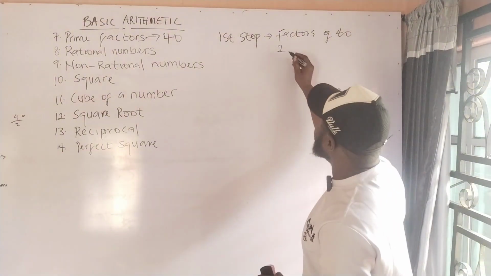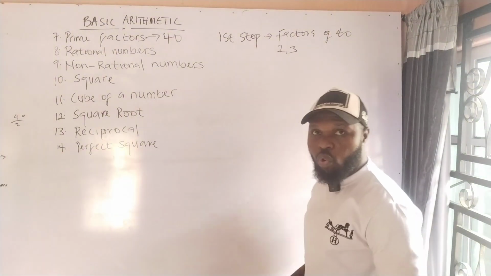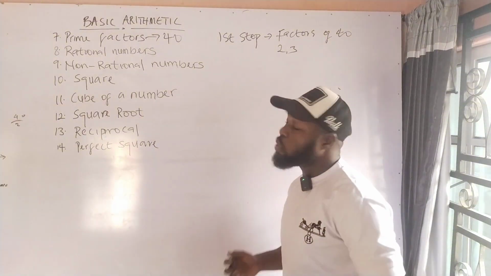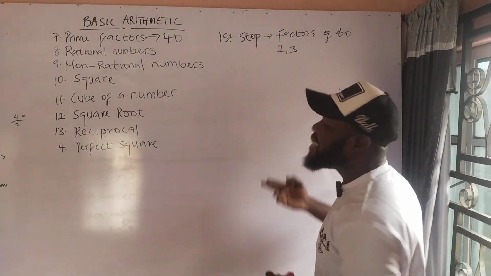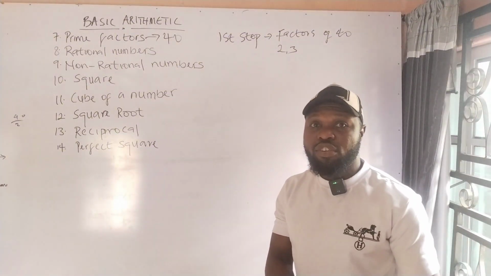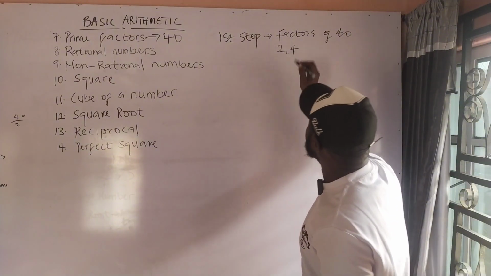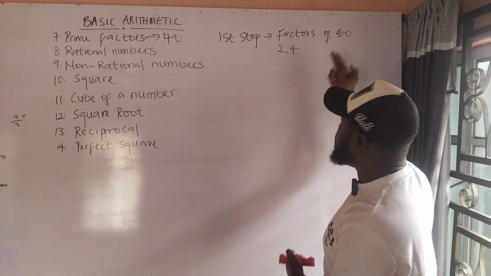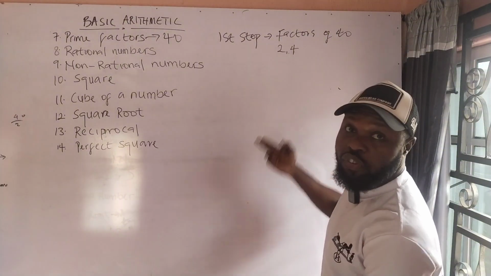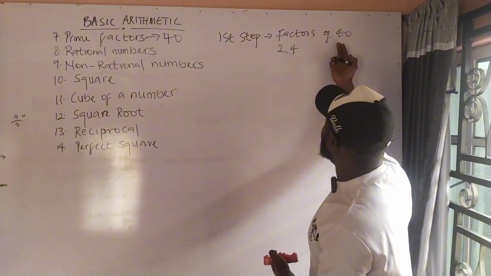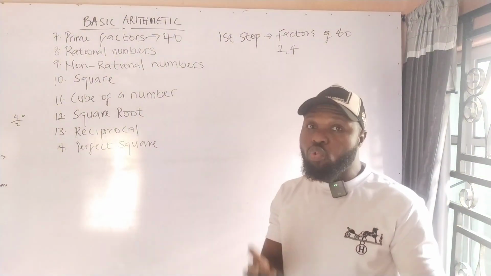Is 3 a factor of 40? No. 3 is not a factor of 40, because if you use 3 to divide 40, there will be a remainder. Is 4 a factor of 40? Yes, 4 is a factor of 40, because if you use 4 to divide 40, it leaves no remainder.